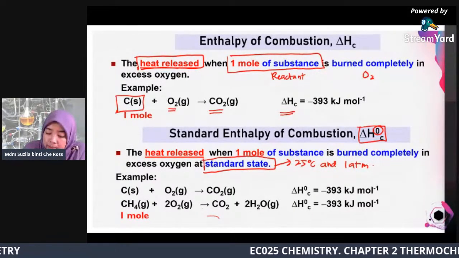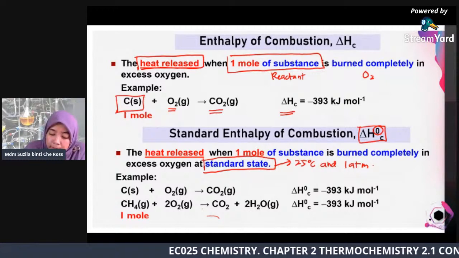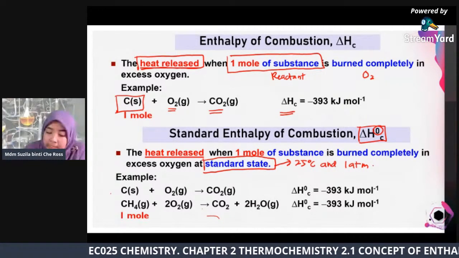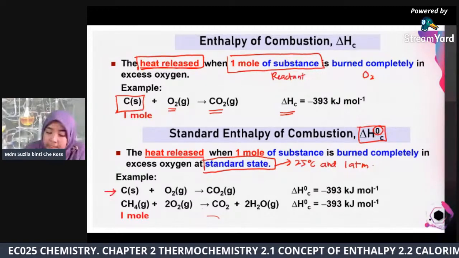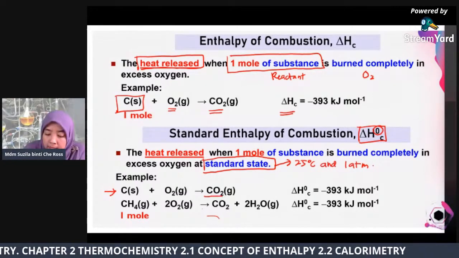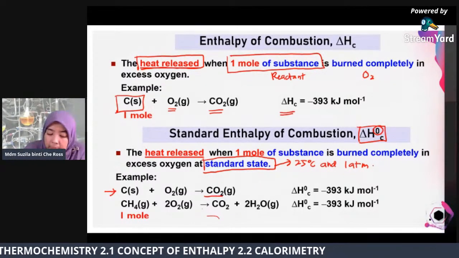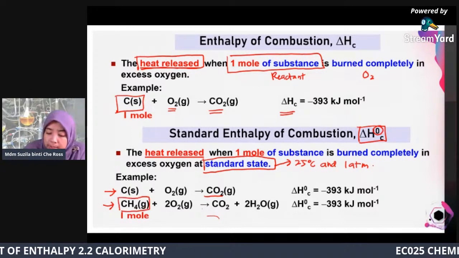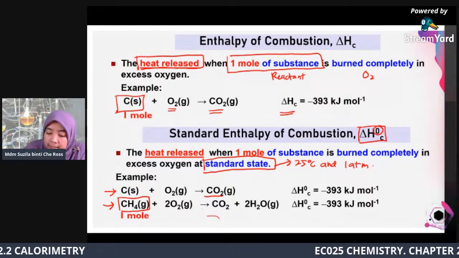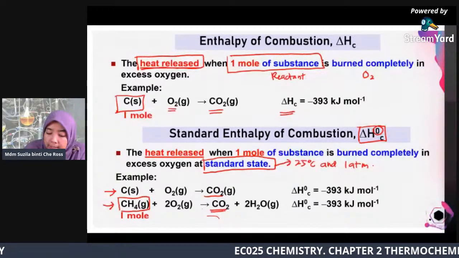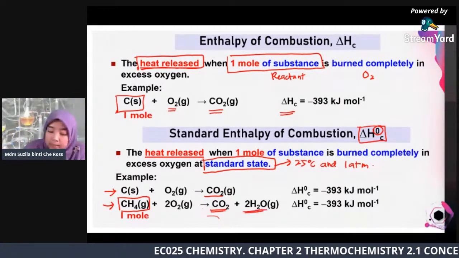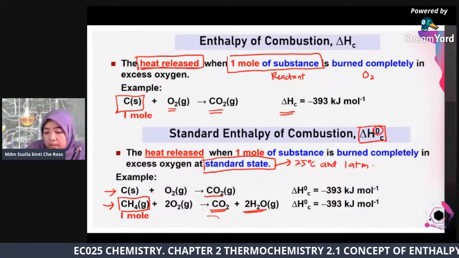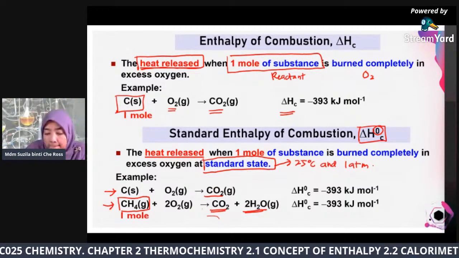So we take a look here. For carbon, when burned in excess oxygen, we get the product carbon dioxide. For methane CH4, burned in excess oxygen, we get carbon dioxide and water. So how can you determine the product formed?